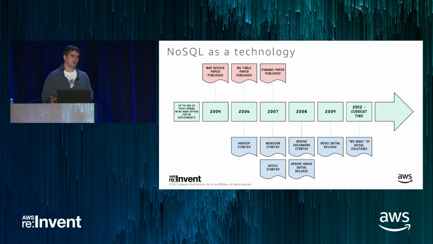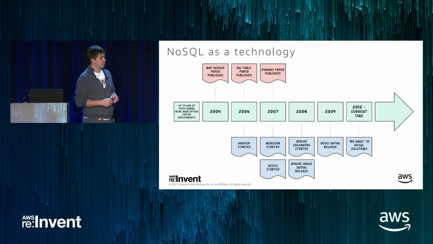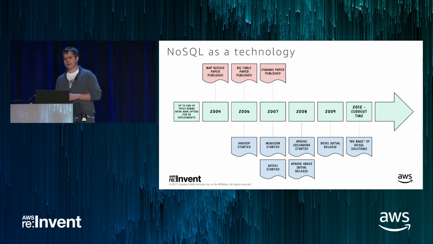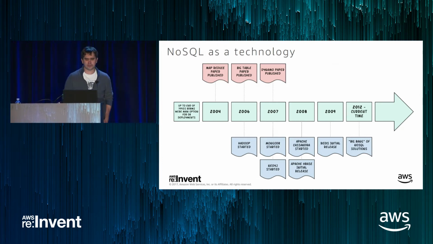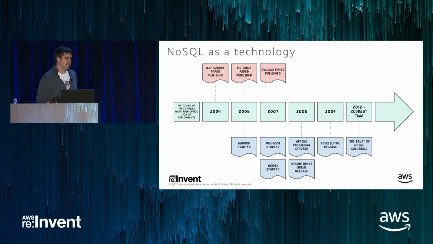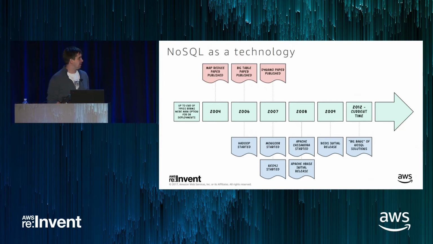But the big movement started in 2004 with the MapReduce paper, which wasn't directly referring to NoSQL, but made a great shift. And in 2007, the Dynamo paper was published by Amazon, and that was a huge step forward for NoSQL databases and the NoSQL world.